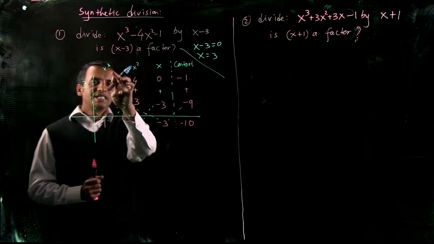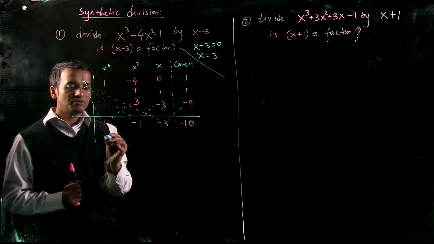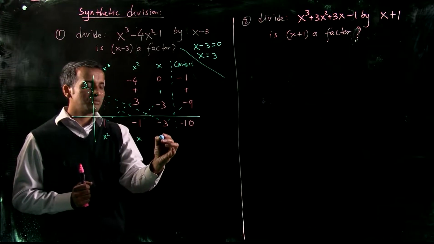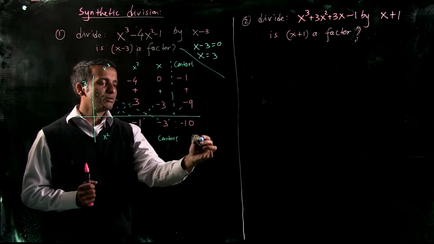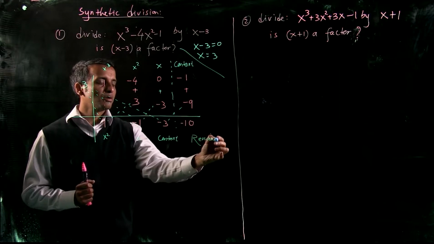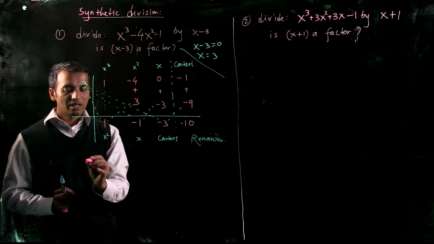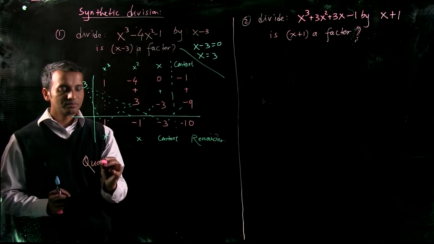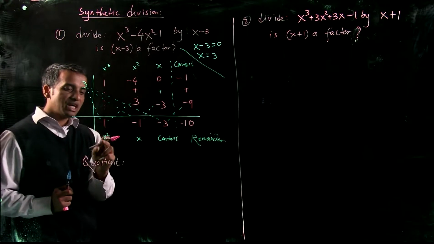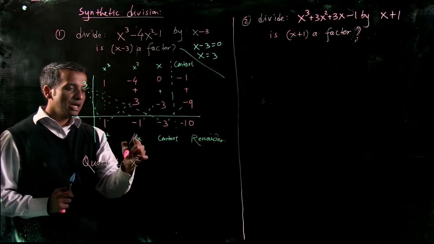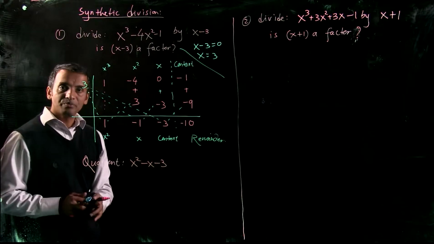Since this is x cubed, you write one less exponent. This is for x squared, this is for x, and this is for the constant, and this last one is the remainder. So the quotient in this case is 1 times x squared, which is x squared, and -1 times x, which is minus x, and then -3.